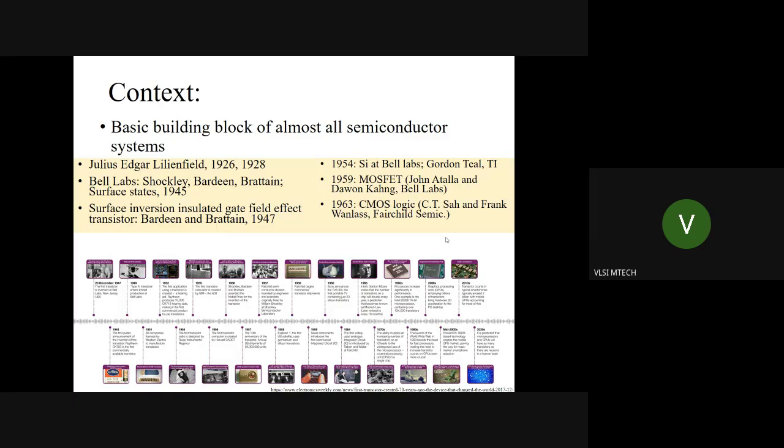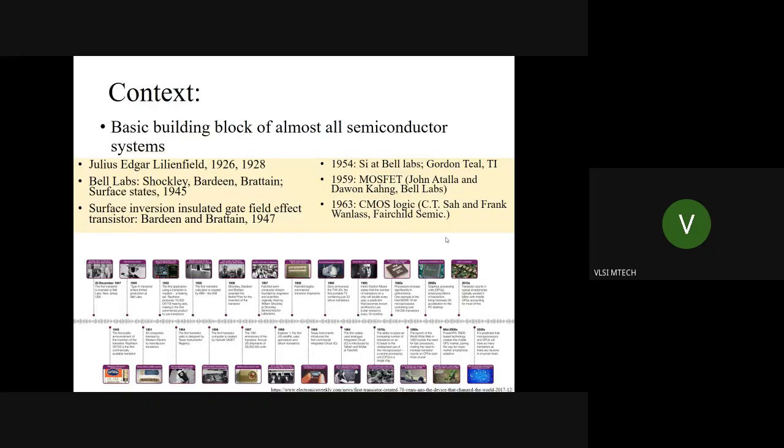In 1945, during the World War, they were trying to develop these devices for military use, where they would be more reliable than vacuum tubes. And this study of semiconductor devices led to a new field of physics opening up regarding surface conduction and surface states.